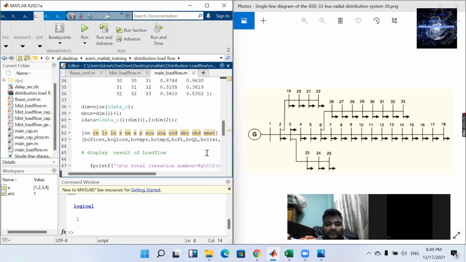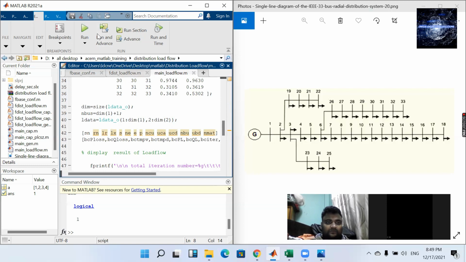That is information about the load of any node being fed from which buses, and also the load of which nodes is going to be fed through that bus. Those two pieces of information are given from the NMat.